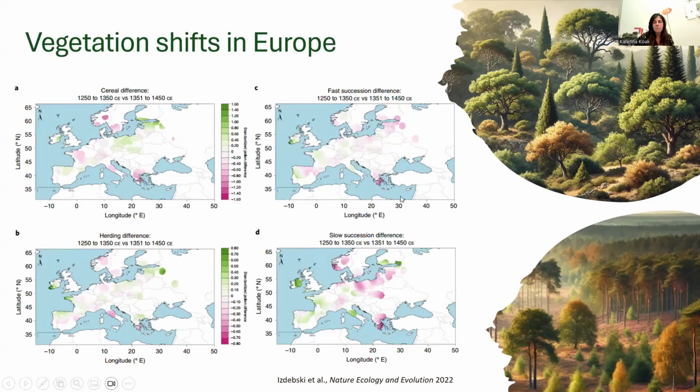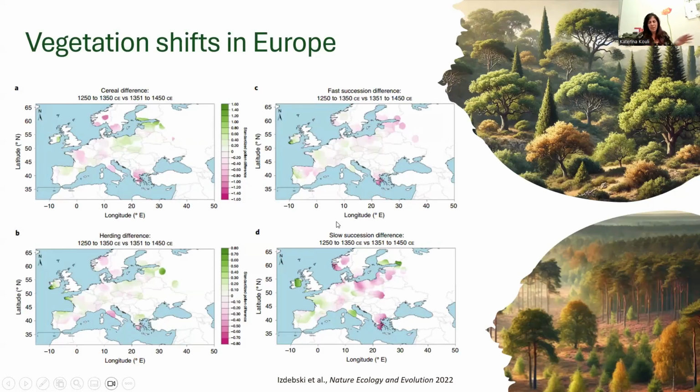And those 2 diagrams speak about the regeneration of the environment. The fast succession means that in a quick way, vegetation like that expanded in the area. And this is the slow succession, that means that this vegetation took a lot of time to develop. So showing whether the changes in population in land use were short-lived or permanent.